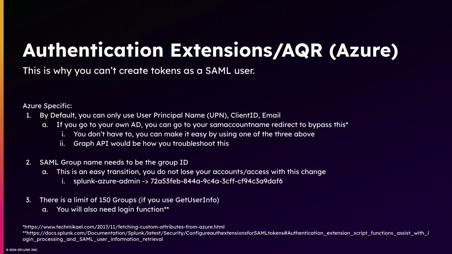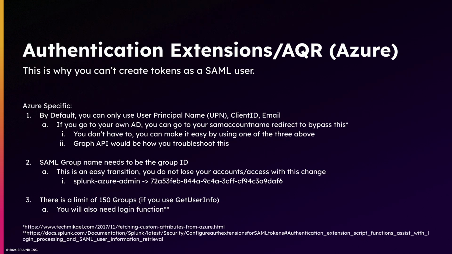So the lesser used things, oh, this is still me, AQR. By default, and this is what I was mentioning earlier with SAM account name versus user principal name, user principal name is probably going to be the best value to pass nine times out of 10.